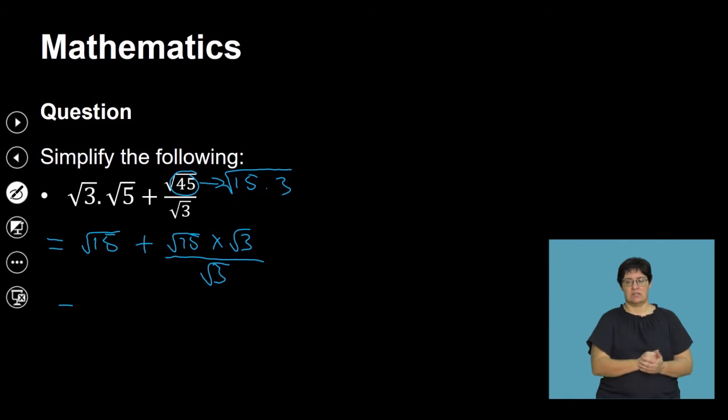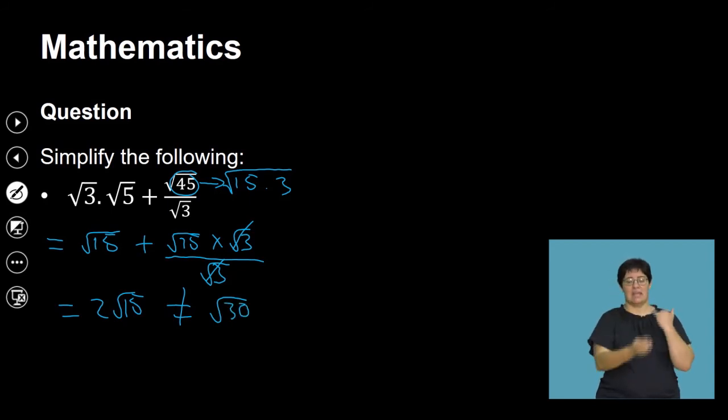And therefore, this root 3 and that root 3 will divide each other, and I will have 2 root of 15. Now, please don't make the mistake of thinking this is actually supposed to be root of 30, right? Because that's one of the mistakes that you guys make. You think you can add what is inside there and what is inside there.